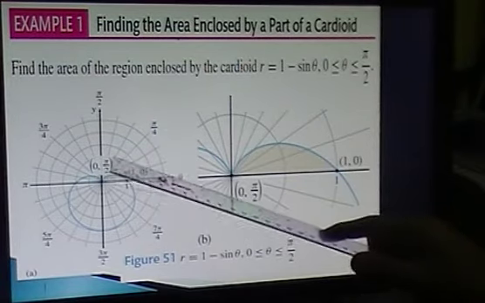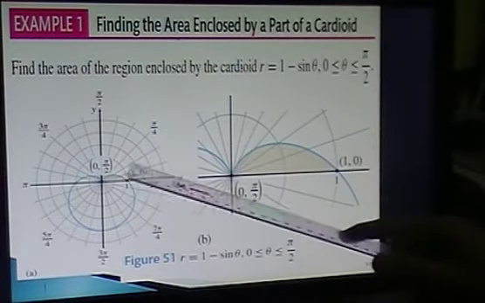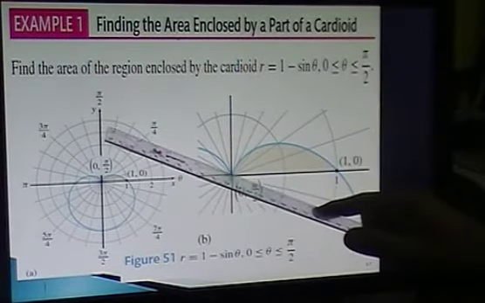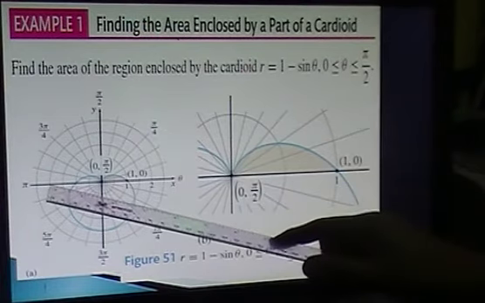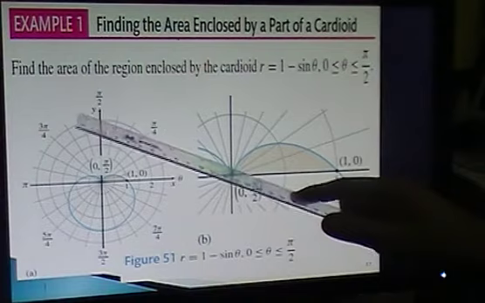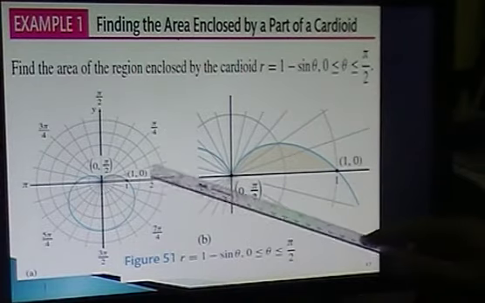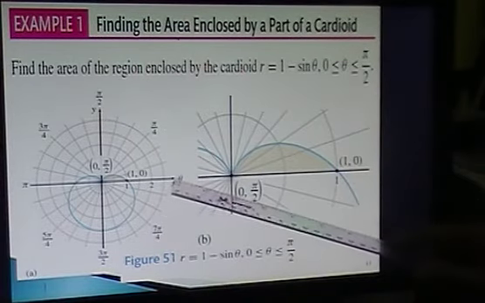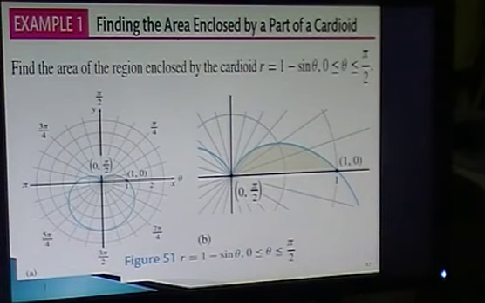This perpendicular line is pi divided by 2, and from here is also, in the second quadrant, pi divided by 2, and so on. So all together it is 0 until 2 pi.